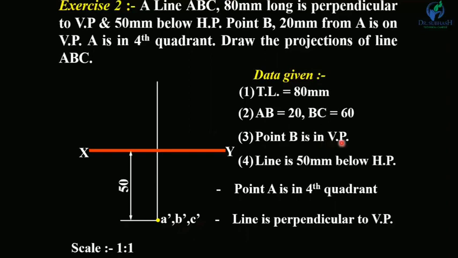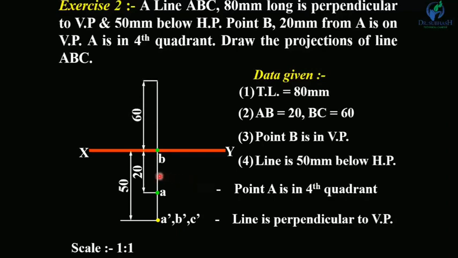Now point B is in VP, so the top view of B is on the XY line. Now AB is equal to 20 mm. So point A is 20 mm below XY and point B is in VP, which means the top view of point B is on the XY line. So this AB is 20 mm.